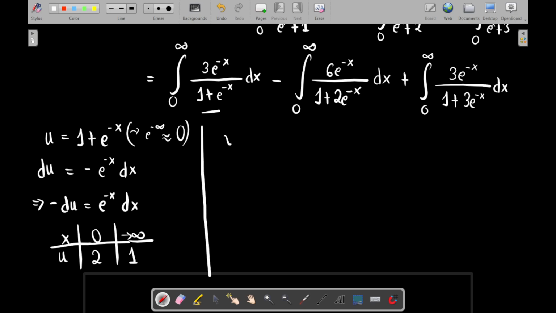For the second integral, if I use another substitution v, again taking the denominator, 1 plus 2 e to the power minus x, this gives me dv will be equal to minus 2 e to the power minus x dx, right?